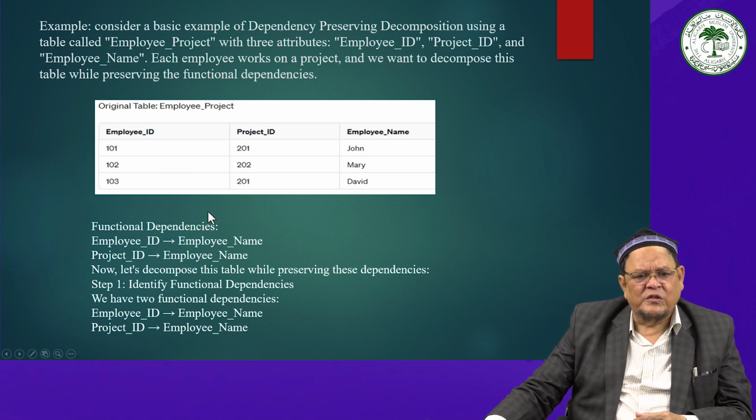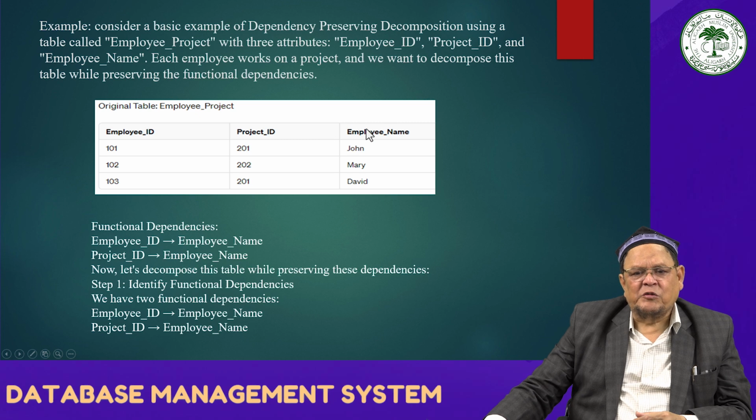The functional dependencies are given on the screen. Employee ID determines Employee Name, meaning Employee Name is fully dependent on Employee ID. Employee ID also determines Project ID, and Project ID determines Employee Name also.